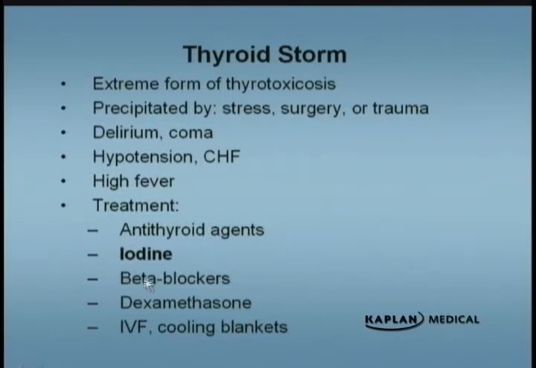One of the most important things that they get is iodine. They get iodide. Now, when you give iodide to the thyroid, it stops producing active hormones, and it starts to incorporate iodine into the cell to make hormones later. So you're basically buying yourself some time. You're down-regulating the thyroid cell by giving them iodine.